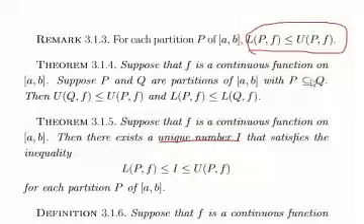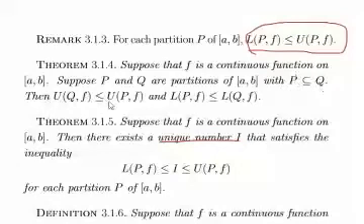P is a subset of Q, so that means Q has extra points. That means, what happens to the upper sum?